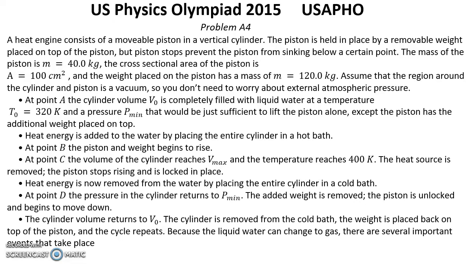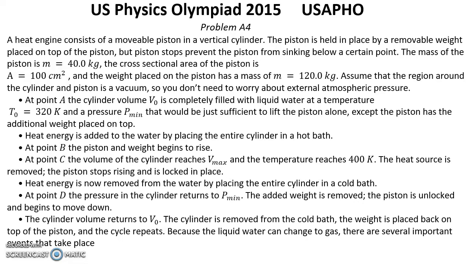The piston is held in place by a removable weight placed on top of the piston. But piston stops prevent the piston from sinking below a certain point. The mass of the piston is M equal 40 kg.